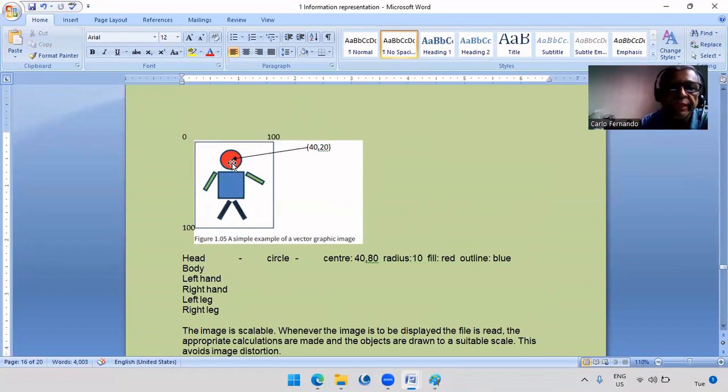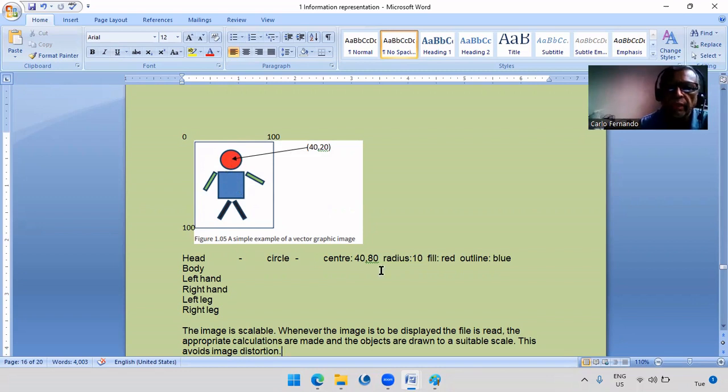If you make it double, the radius will be 20, so this will become double, and all the other calculations will follow.